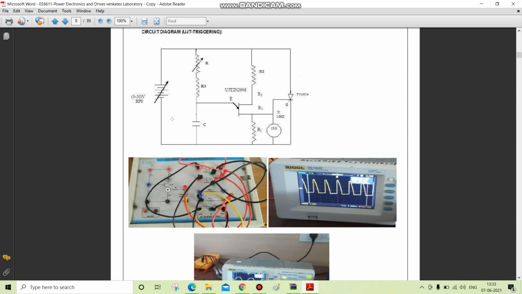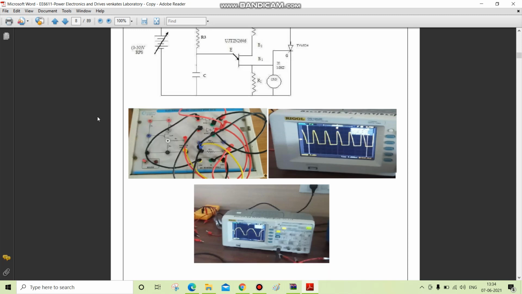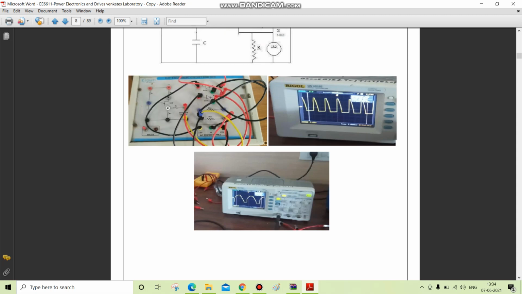The equivalent circuit of the UJT is given with the voltage as well as the resistance. It has an intrinsic standoff ratio in the range of 0.51 to 0.82, and the resistance has values between 5 to 10 kilo ohm. This is the UJT triggering circuit and the output waveforms will be seen on the CRO.